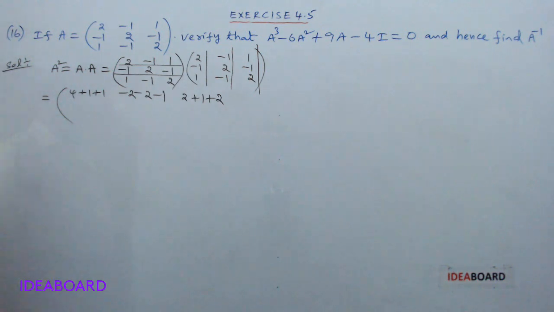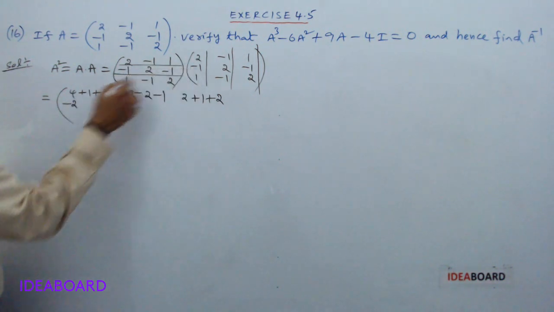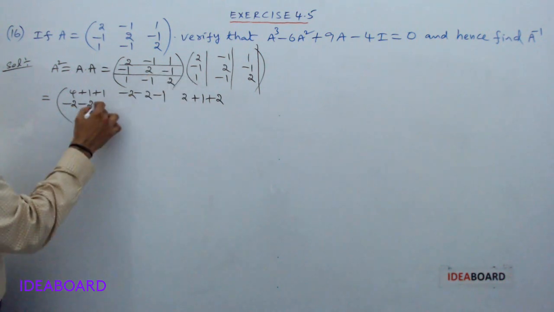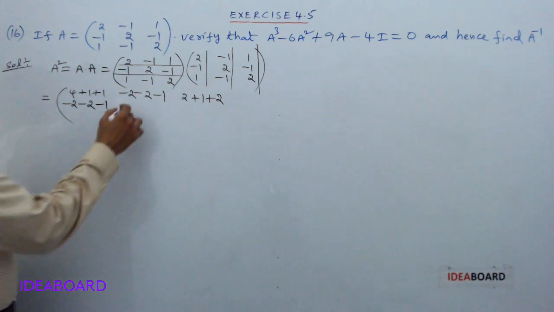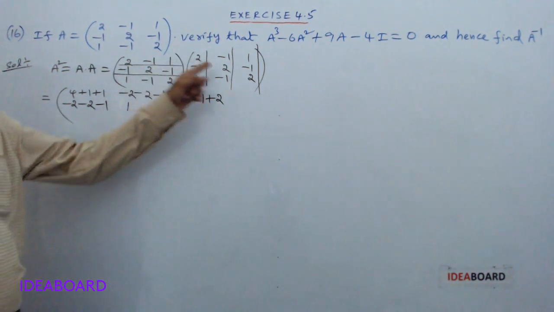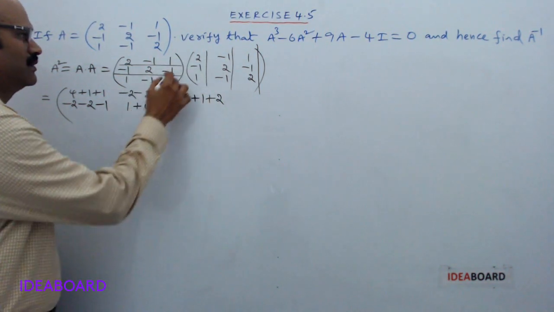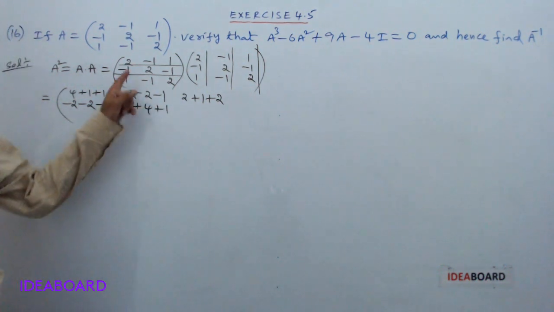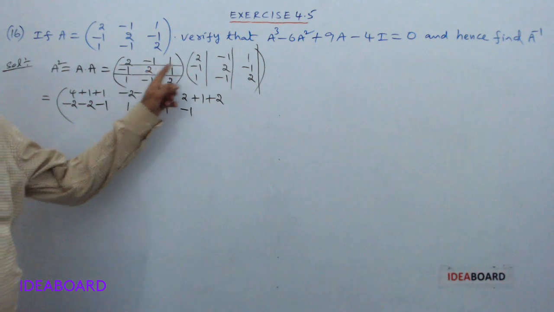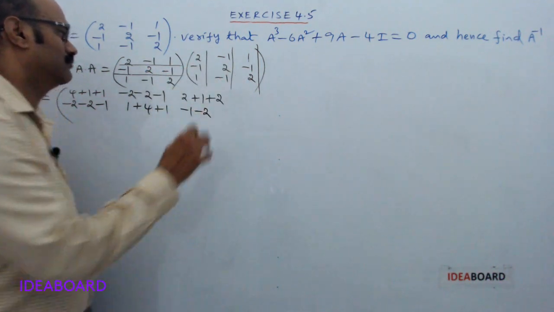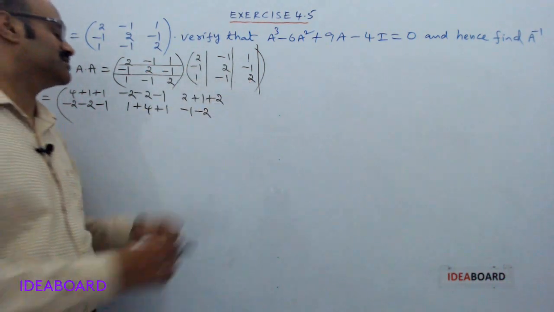Second row into first column, minus 1 into 2 is minus 2, minus 2, minus 1 into minus 1 is 1, 2 into 2 is 4 plus 1, minus 1, minus 2, minus 2.